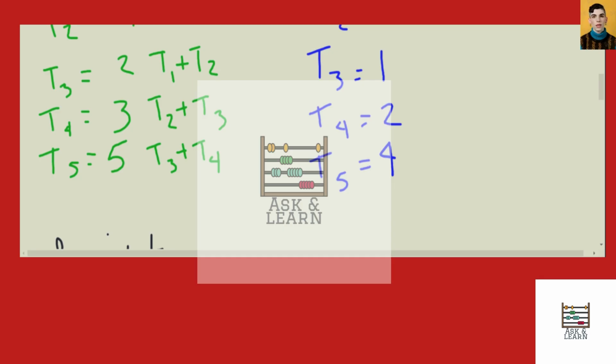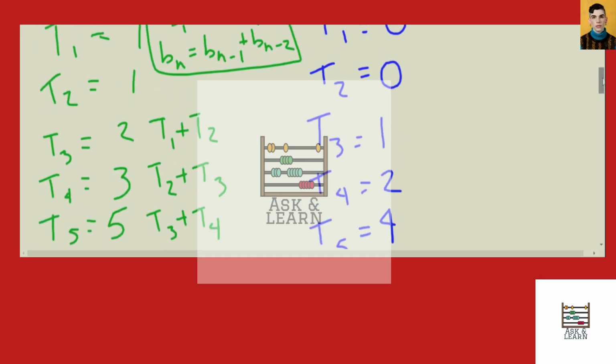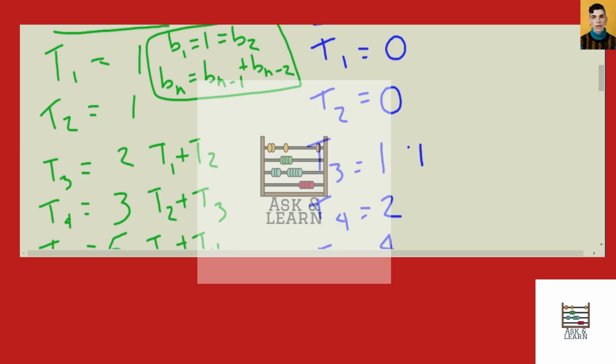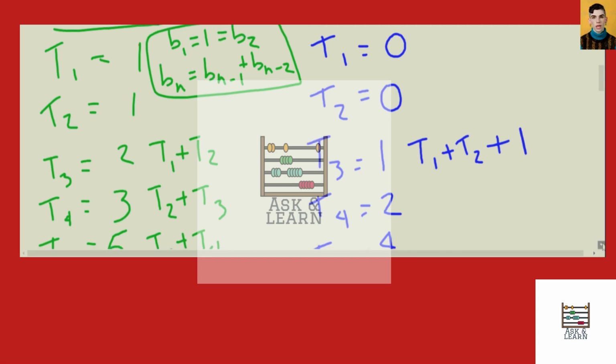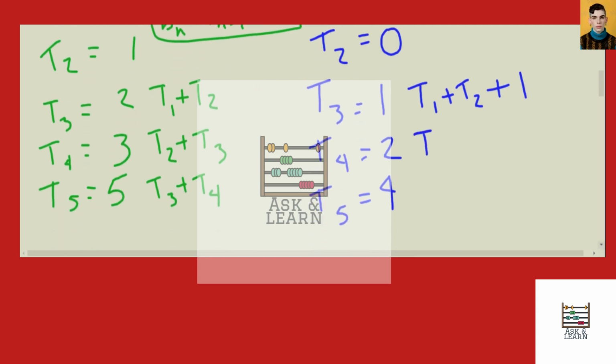So if I look at the pattern here, for T3 it would be T1 plus T2 plus 1. Let's see if this holds for all of them. T2 plus T3, which is 1 plus 1, would be 2.